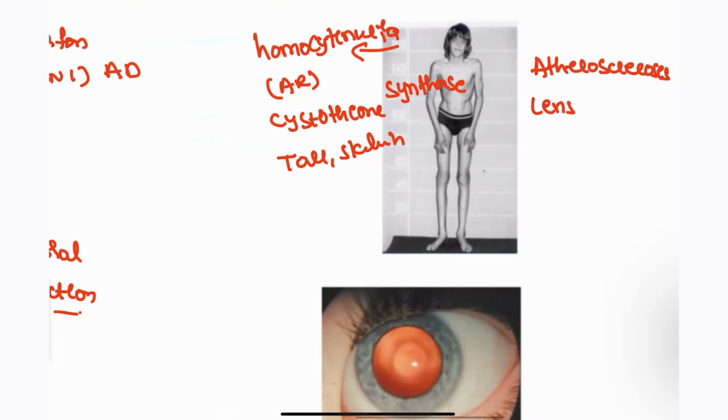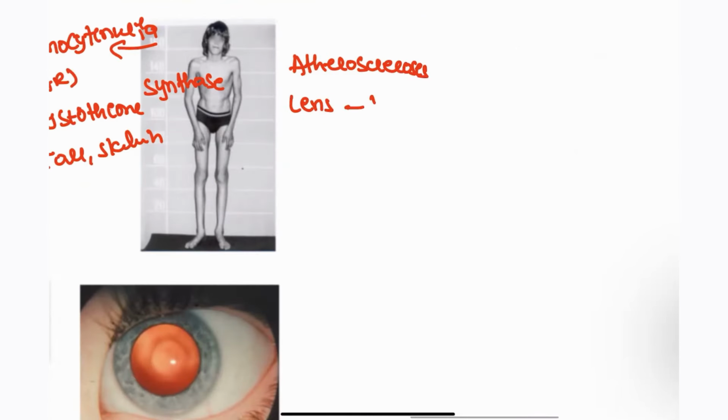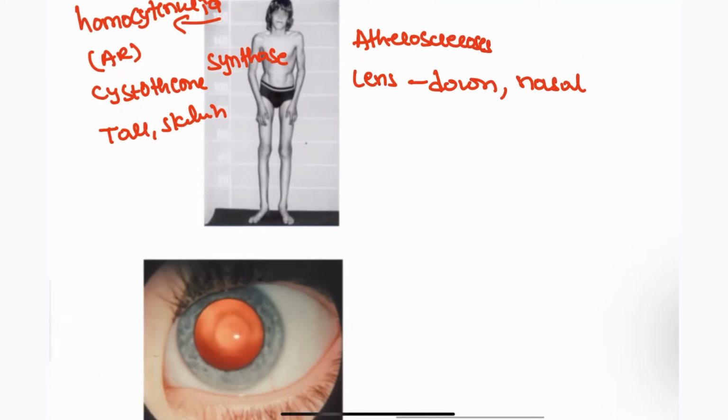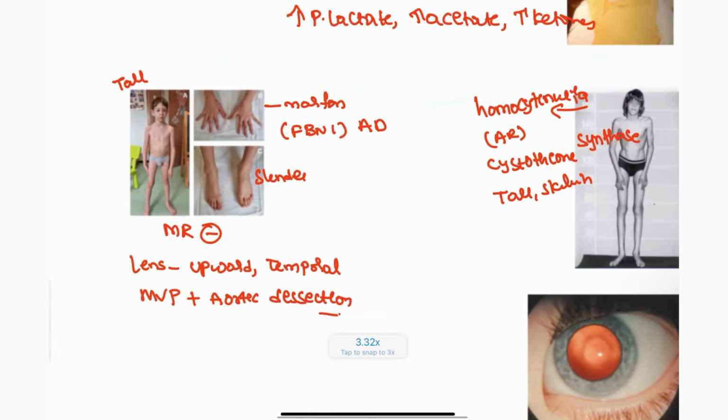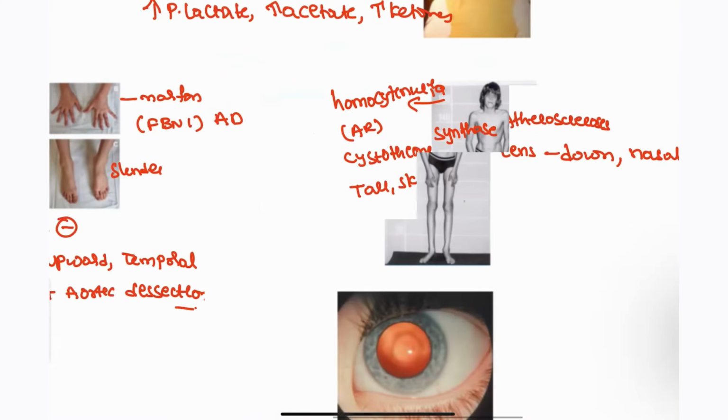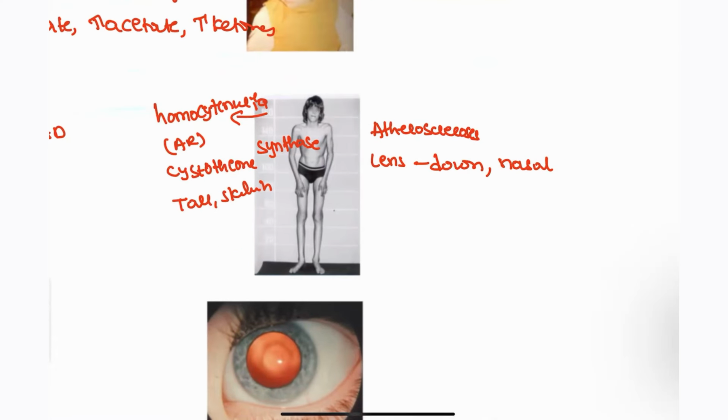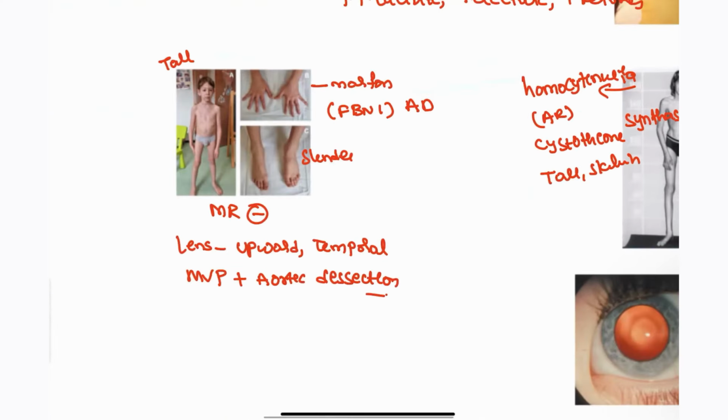And lens dislocation is commonly seen as down and nasal. The major difference between Marfan syndrome and homocystinuria is the cyanide nitroprusside test, which will be positive in homocystinuria and negative in the patients with Marfan.